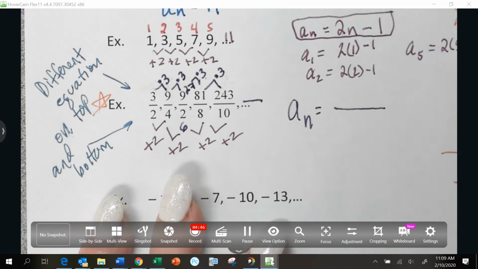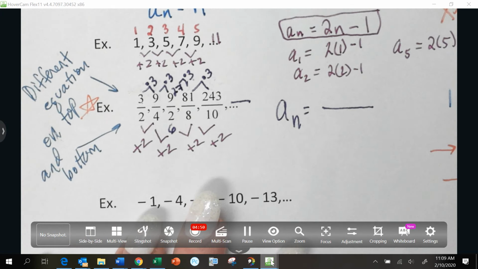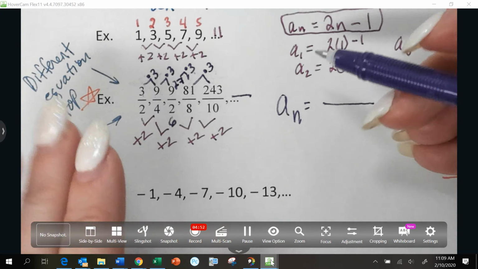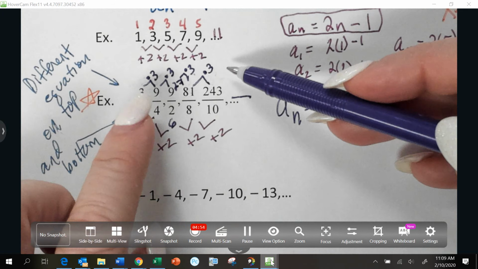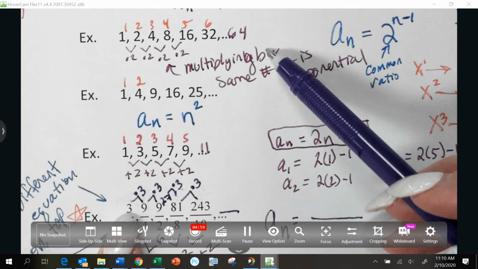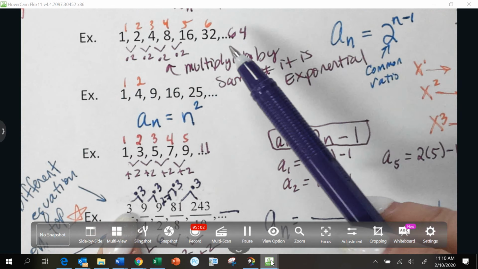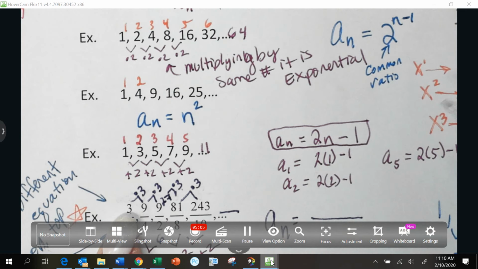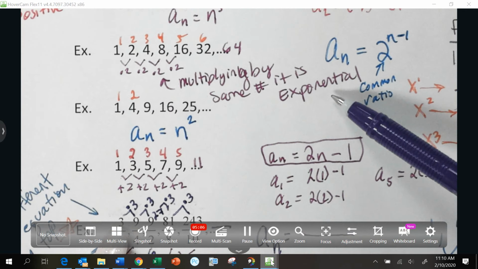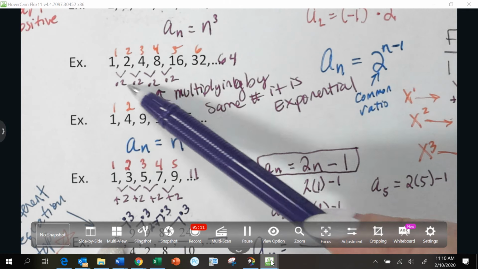So we should now have enough information to write the top and the bottom patterns. On top, if we were multiplying by the same number each time, oh look, I wrote multiplying by same number. It is exponential. I even wrote that on this example. Where do I put what we are multiplying by? This one was by 2's.